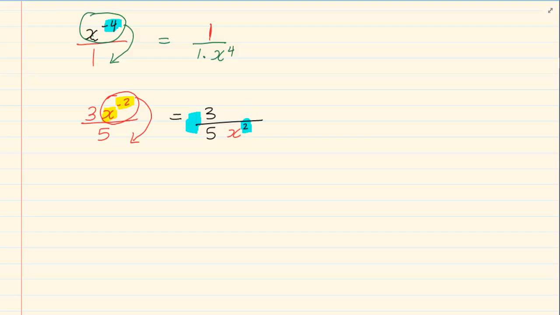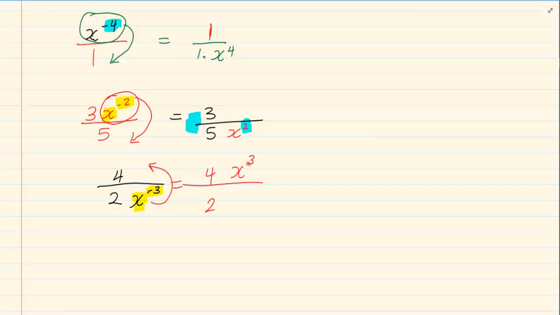Let's do one more example. If I gave you 4 over 2x to the power of minus 3, what am I interested in moving? The x is the base, the power is negative 3. I'm only going to move that. So the 4 and 2 are staying in their position, but I'm moving the x to the power minus 3 from the bottom to the top.